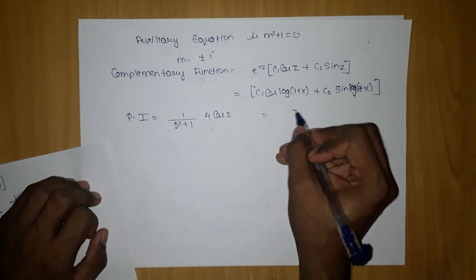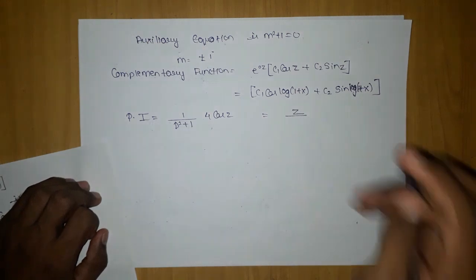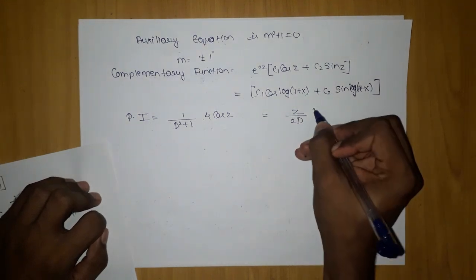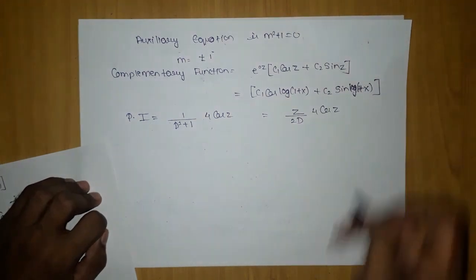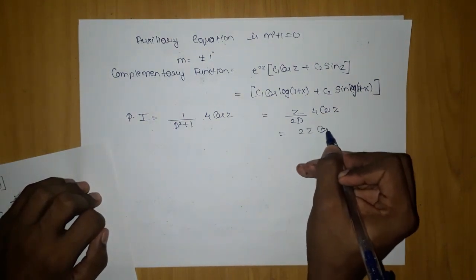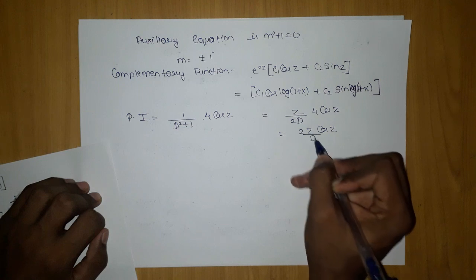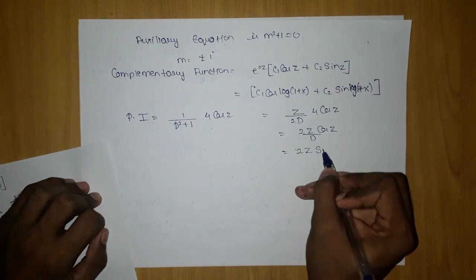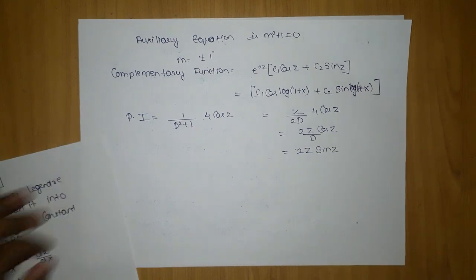So what we do is multiply the top by x and differentiate, but here instead of x we will multiply by z. So z by 2D into 4 cos z. So we are going to get 2z cos z by D, and D is nothing but integration, so we will integrate it. The moment we integrate, we will get sin z. So we got this.